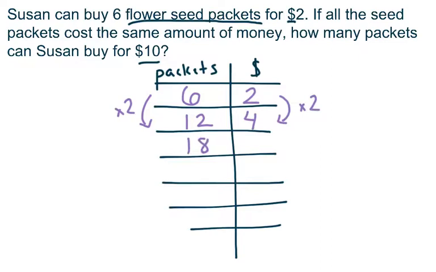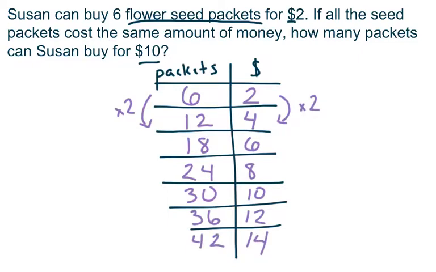So 18 packets for $6, 24 packets for $8, 30 packets for $10, 36 packets for $12, 42 packets for $14. So they asked me how many packets can Susan buy for $10? Well, my answer is already on this chart. 30 packets for $10. Awesome.